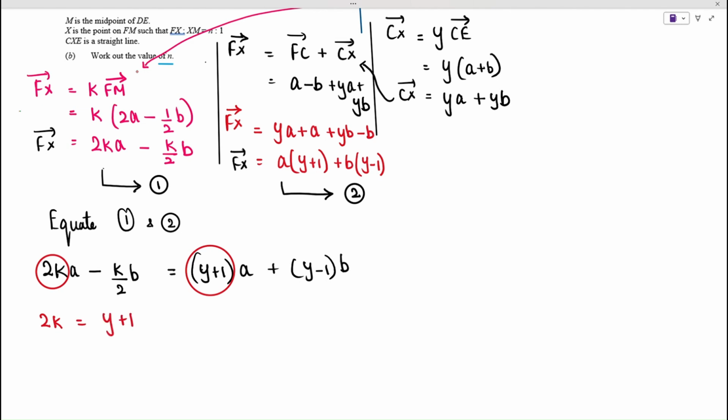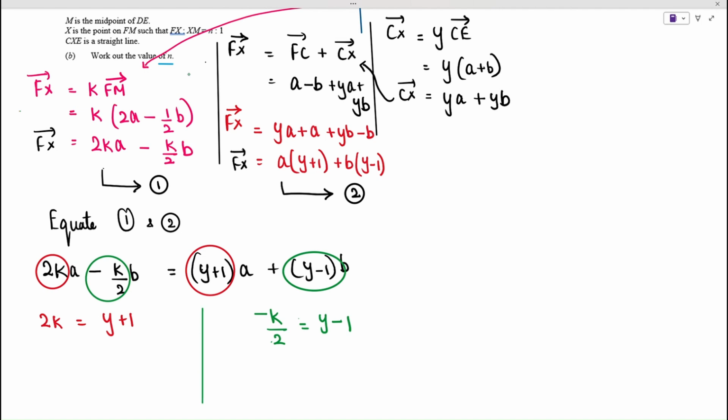And for the coefficients of b, on the left hand side, minus k over 2 is our coefficient of b, and on the right hand side, y minus 1 is our coefficient of b. And so we have minus k over 2 is equal to y minus 1.